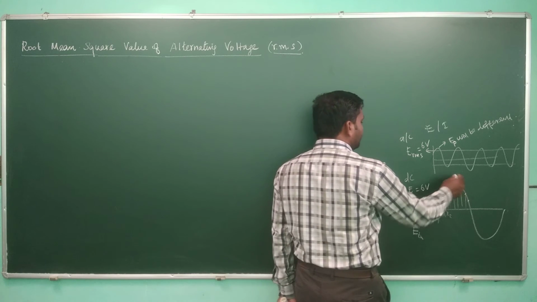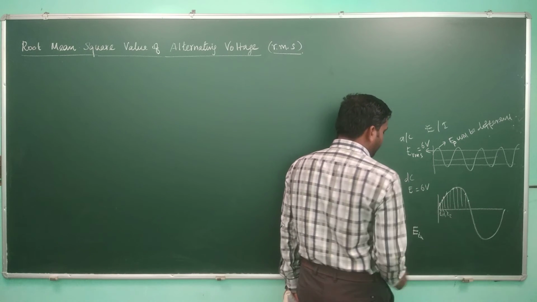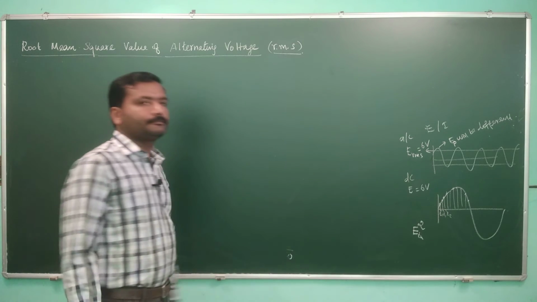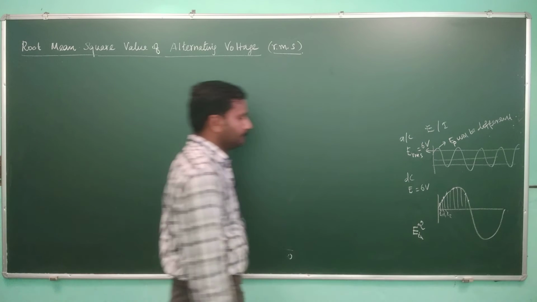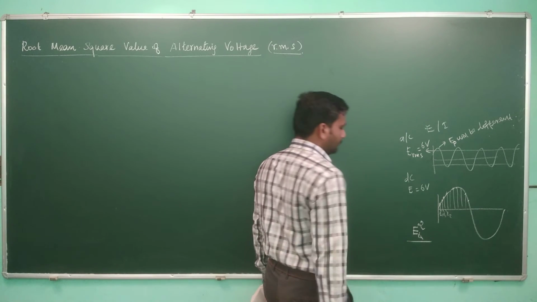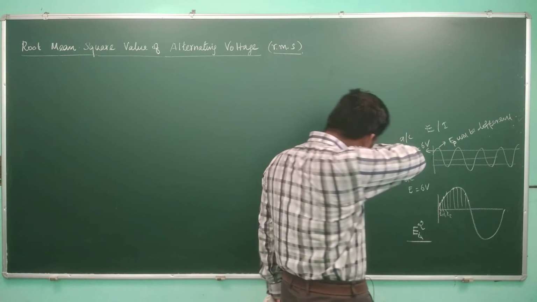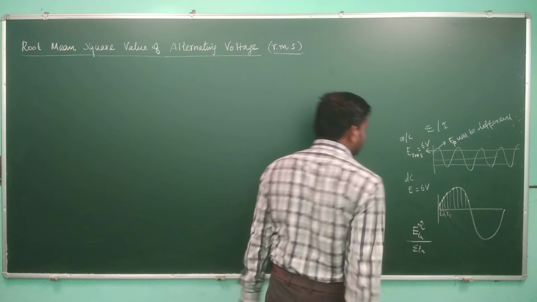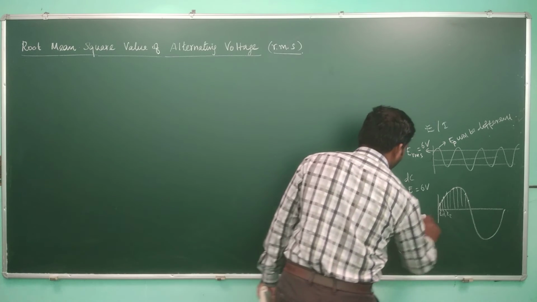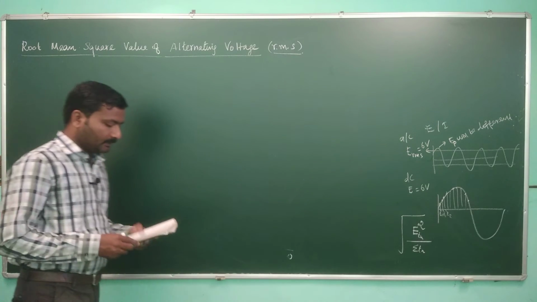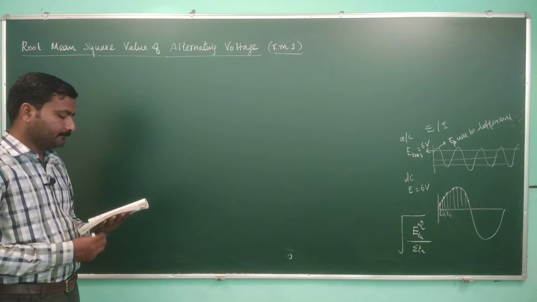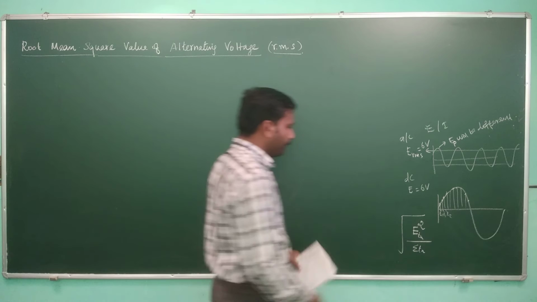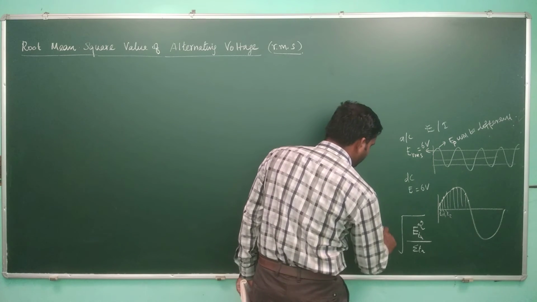Then take the square of it, then divide it by the sum of the number of terms. Then take a square root. So this is the RMS value.